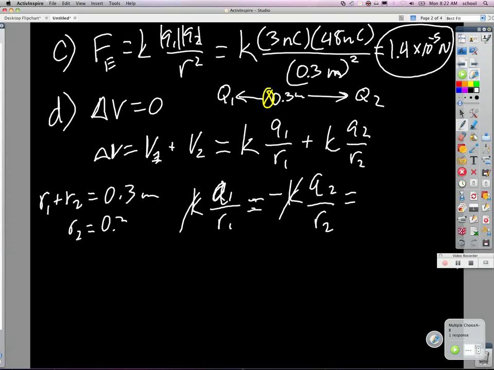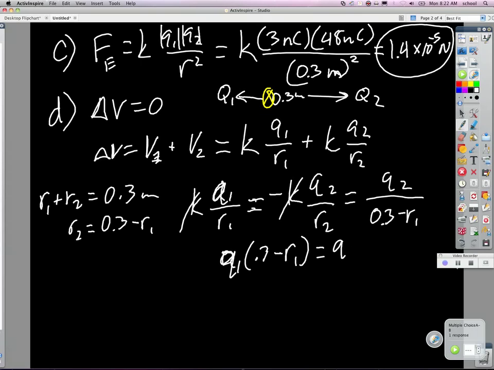So you get 0.3 Q1 minus Q1 R1 equals Q2 R1. And then I can move this over to this side. And so I get R1 is equal to 0.3 Q1 over Q2 plus Q1.